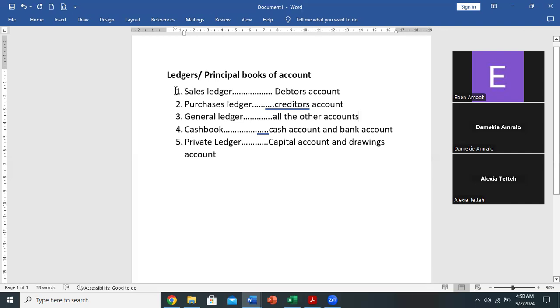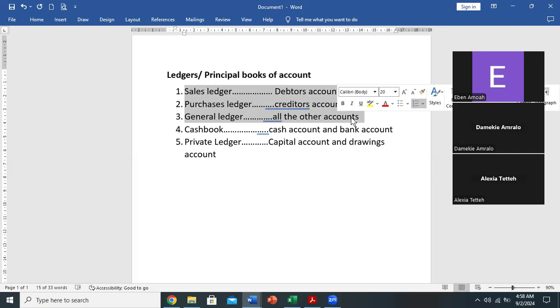Now, if you look at these ledgers, the first three are the ledgers that are densely populated. When I say densely populated, it means when you open the book, you see a lot of T accounts. Because the last two, the cash book, you only have cash account and bank account. The private ledger, you only have capital and drawings. But look at the general ledger.